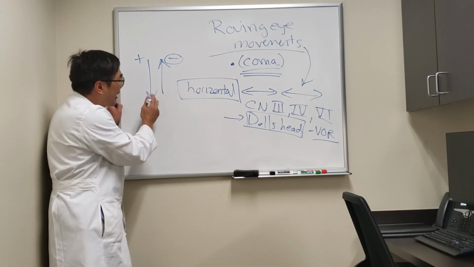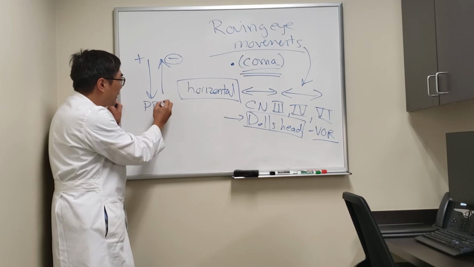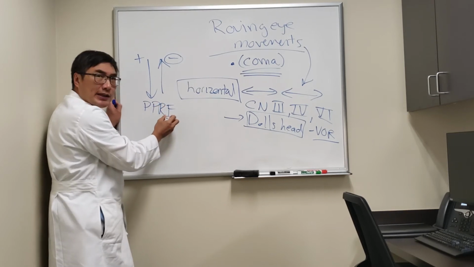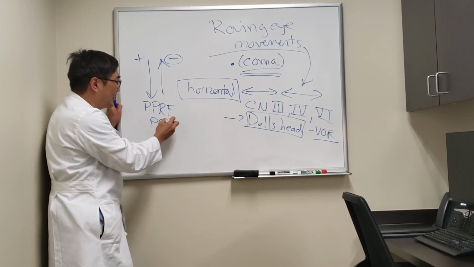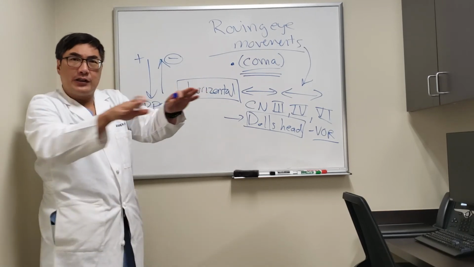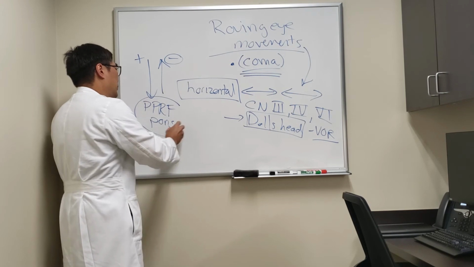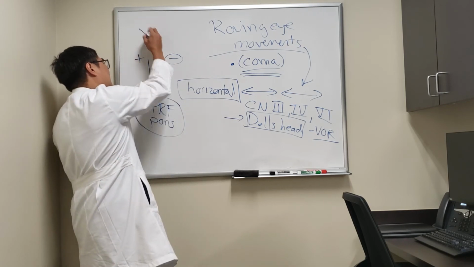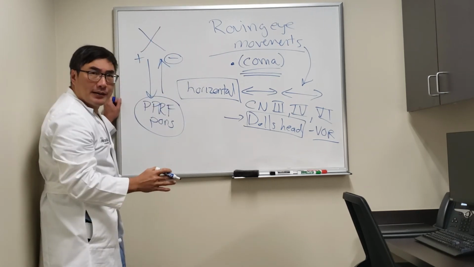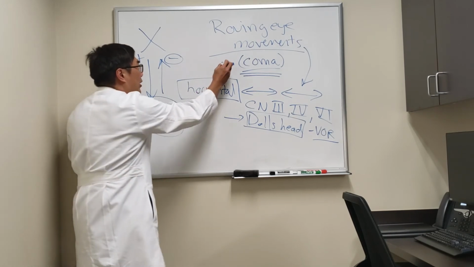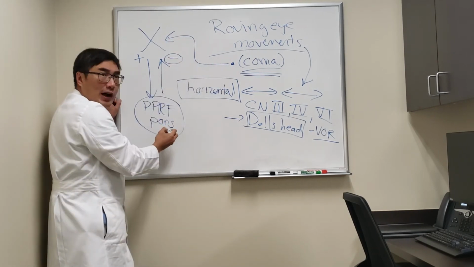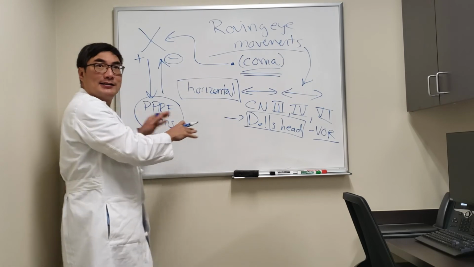And so the brainstem driver is the parapontine reticular formation in the pons, and that's the driver for these horizontal movements, a horizontal scanning movement. And so if you disconnect the top, the supranuclear input, when you are in coma, then this driver will start to tell the eyes to move.